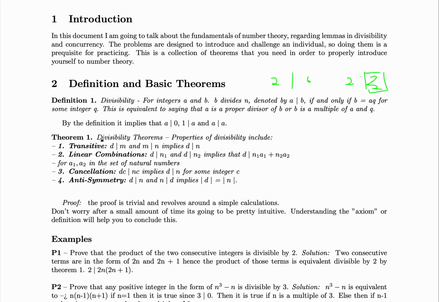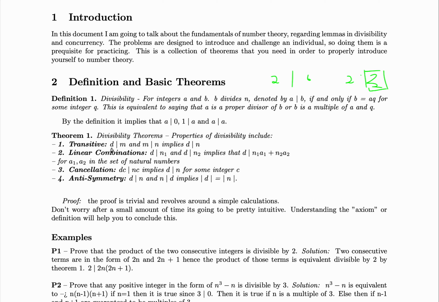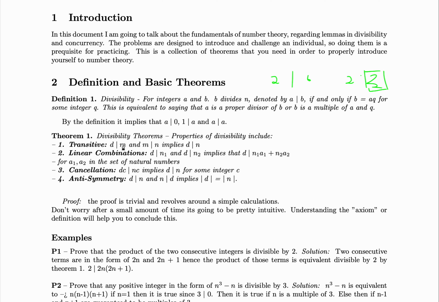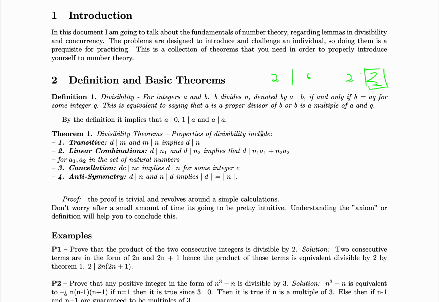Okay, so one of the theorems is transitivity. If it's given that d is a proper divisor of m and m is a proper divisor of n, it implies that d is a proper divisor of n, and this is really easily done by congruence.